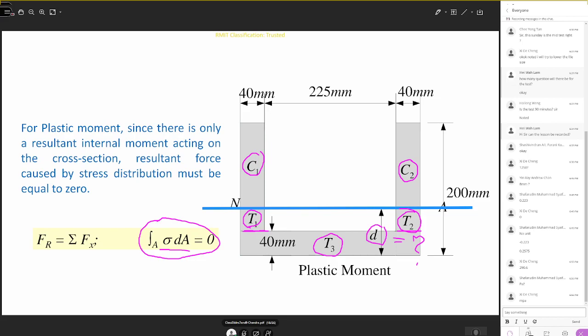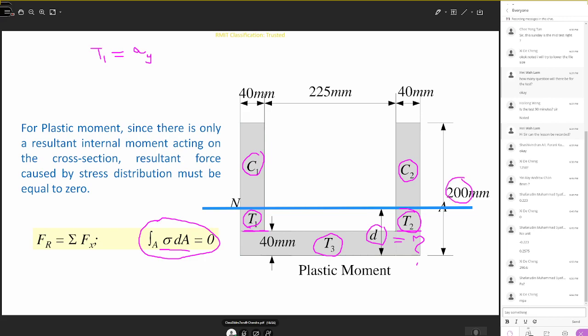Okay. So you can consider T1 as, okay, the plastic yield stress is given, so we can write this as sigma Y. The tension is sigma into the area. So what will be the area here for C1? The total height of the cross section is 200.